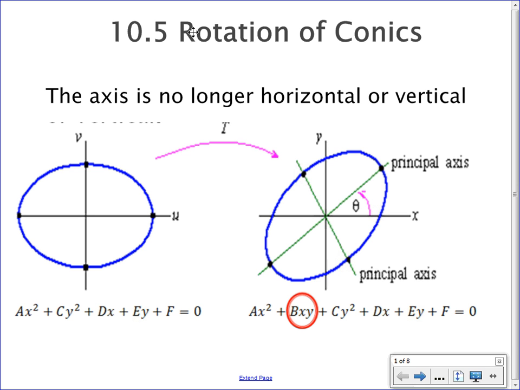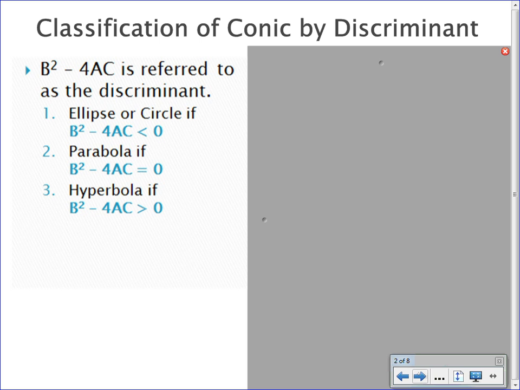What's under the radical in the quadratic formula? B squared minus 4ac. Very good. That is the discriminant. Okay. Now, if we are working with a quadratic equation, back in algebra 2, that would tell us if we have real, imaginary, or just 1, 0. Okay? Here, it's going to tell us what kind of conic it is.